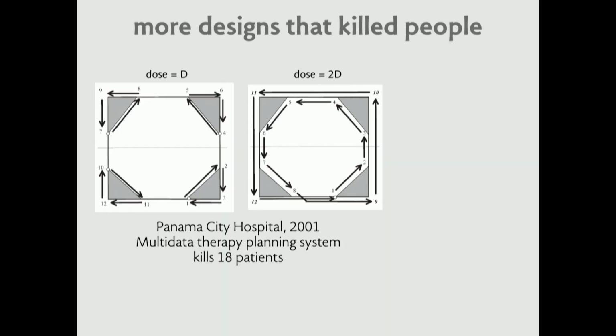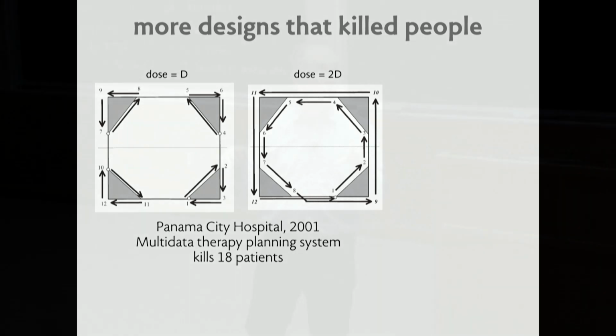This was a famous example from Panama City, where they made a system that required the person operating it to essentially mark with a mouse on the screen where the shielding blocks were, so that it could calculate the amount of radiation to be delivered, knowing that it would be attenuated by these lead shielding blocks.